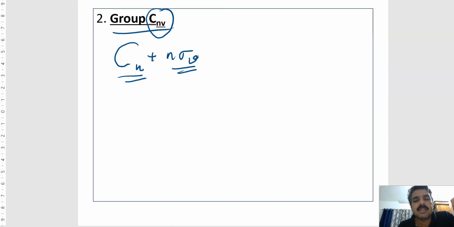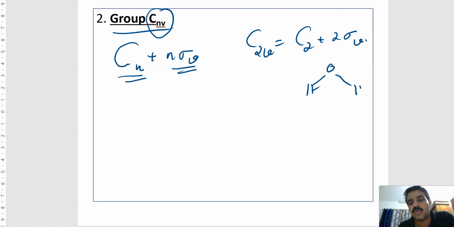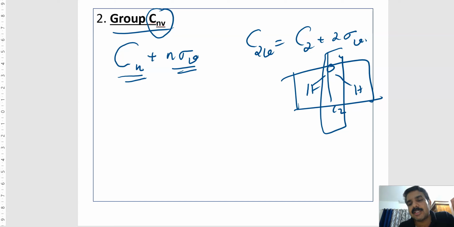For example, C2v. C2v means it contains C2 and 2 sigma v planes. An example for this is the water molecule, H2O. The H2O molecule has a C2 axis and contains 2 sigma v planes. One sigma v plane is this, another sigma v plane is this. So this molecule belongs to C2v.